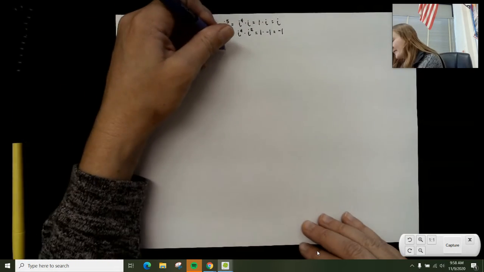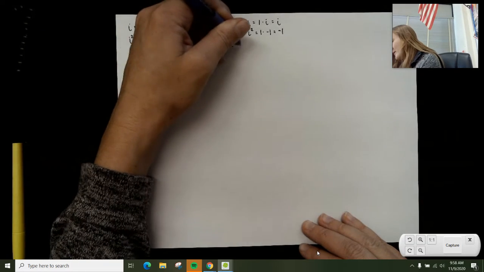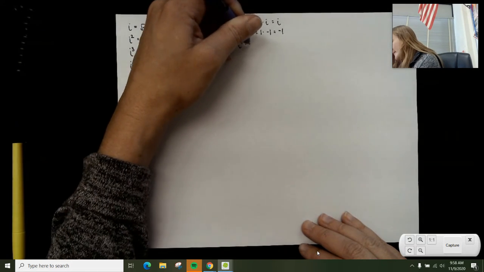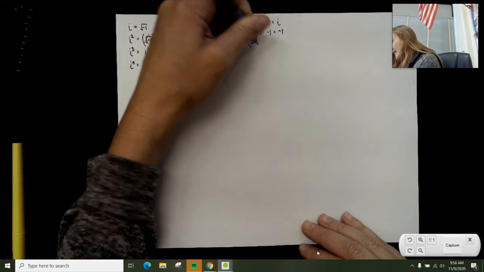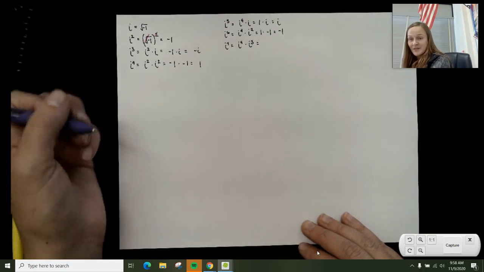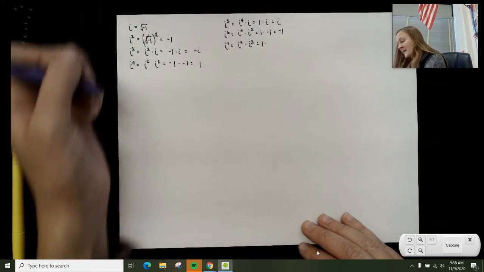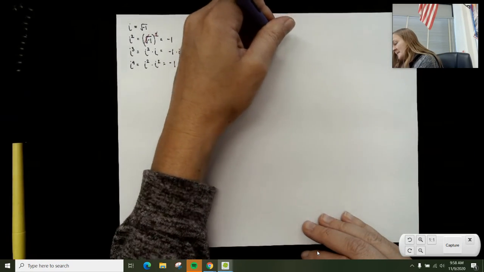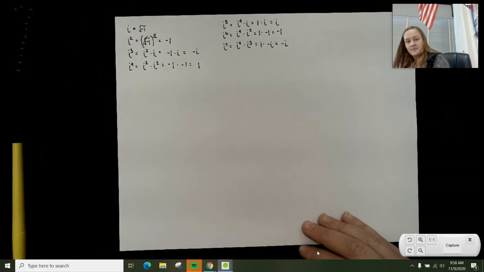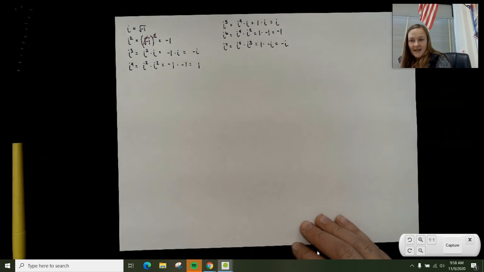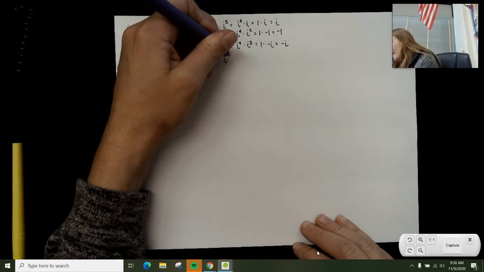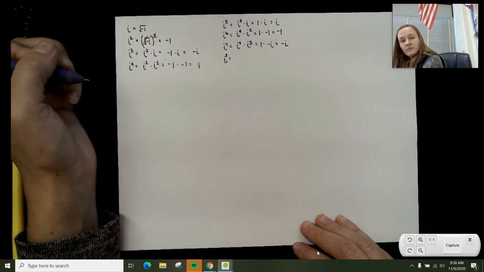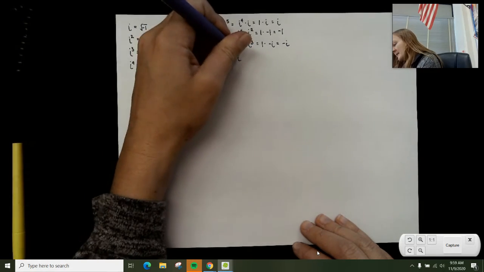Now I'm on i to the seventh, which equals i to the fourth times i to the third. 4 plus 3 is 7. i to the fourth is 1. i to the third is -i. 1 times -i is -i. And lastly, i to the eighth is i to the fourth times i to the fourth.